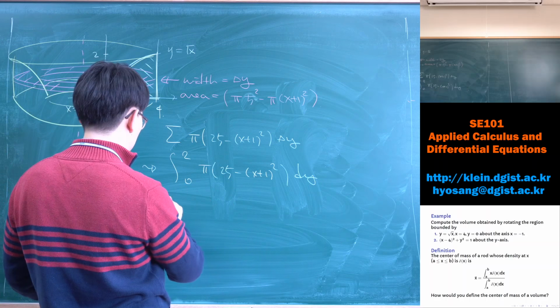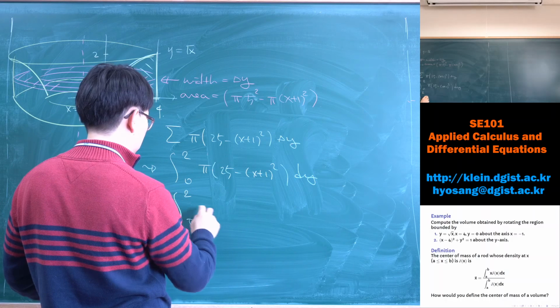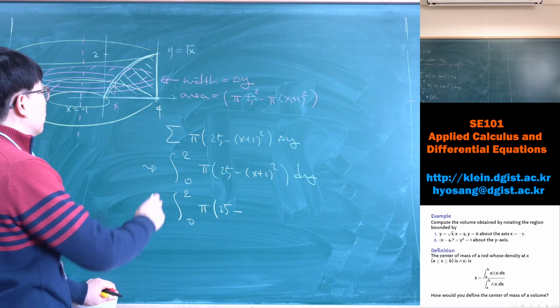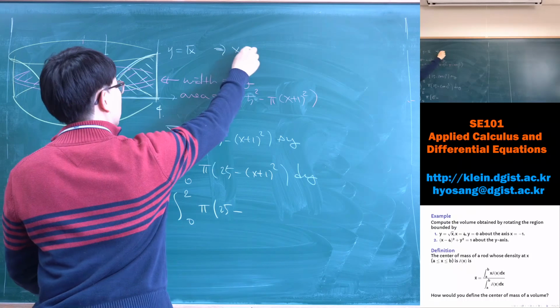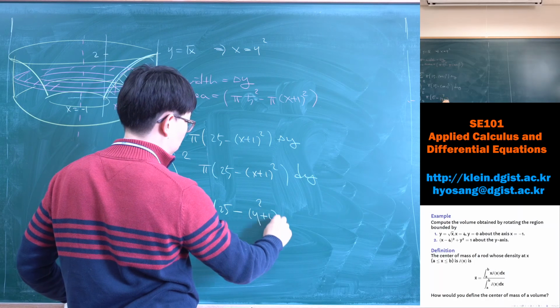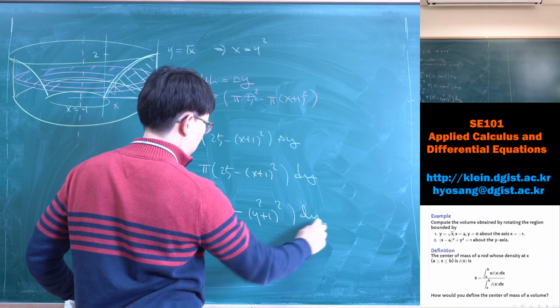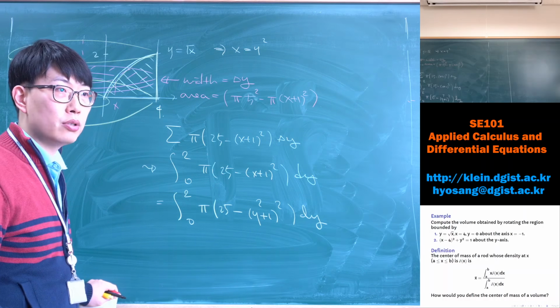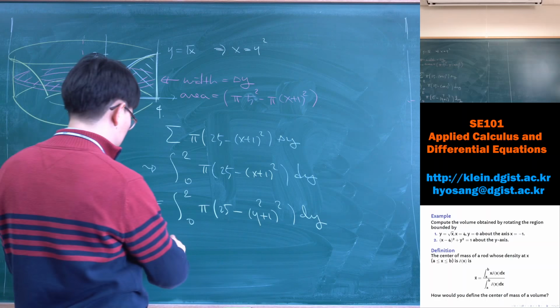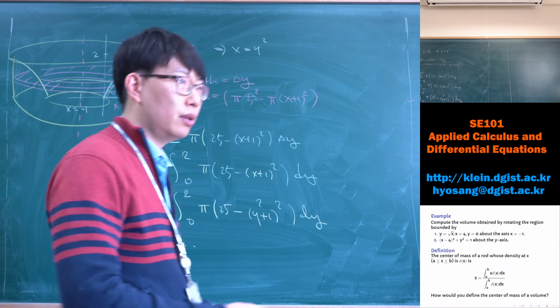So in that case, we get the integral from 0 to 2 of pi times 25 minus, so x is y squared, so this is y squared plus 1 squared, dy, and this is an integration of a polynomial, so I think it's not hard, so I'll leave it as an exercise.